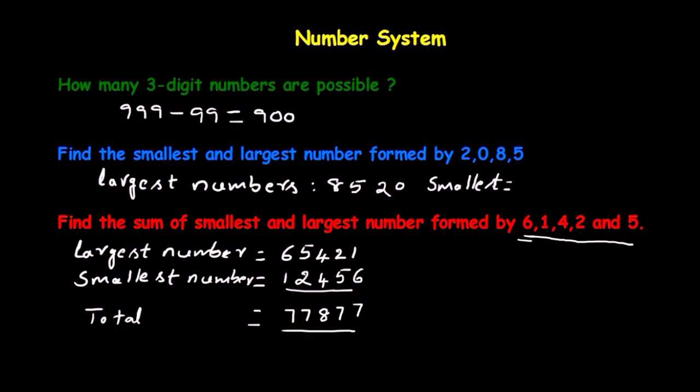So we write first 2. After 2, we can take the digit 0. After 0 the next smallest digit is 5, and after 5 comes 8. So finally the smallest number formed by the given digits is 2058.